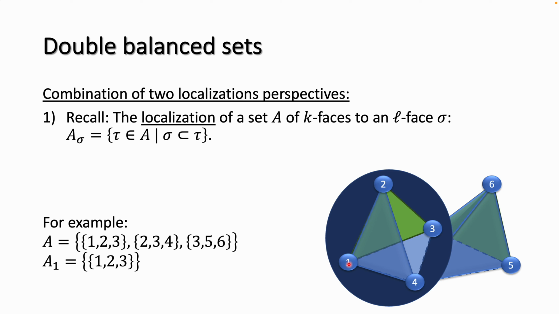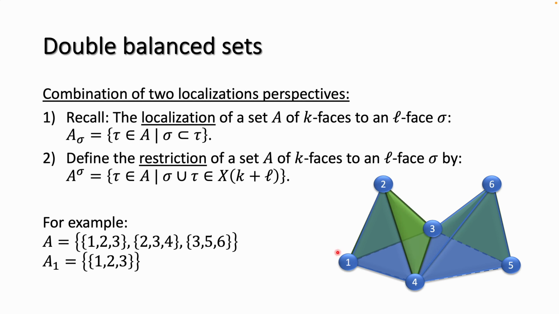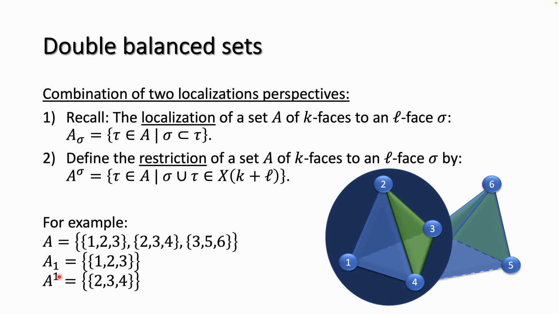And we can think of another perspective of localization, which is what's called restriction of a set to an L face sigma. That's all the faces in A that together with sigma form a k plus L face. So again, in this example, if we look at the restriction of A to the vertex 1, that's this triangle, which now is not containing the vertex 1, but together with the vertex 1, it forms a pyramid.